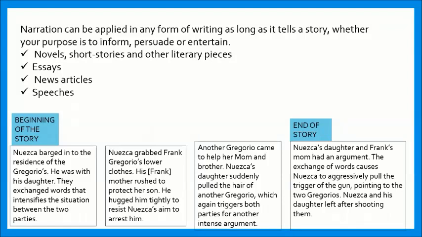So that's when the daughter of Nuesca mentioned, my father is a policeman, and then the mom of Frank Gregorio answered, I don't care. That statement triggers Nuesca to shoot them using his gun. So after that, Nuesca and his daughter left after shooting them.